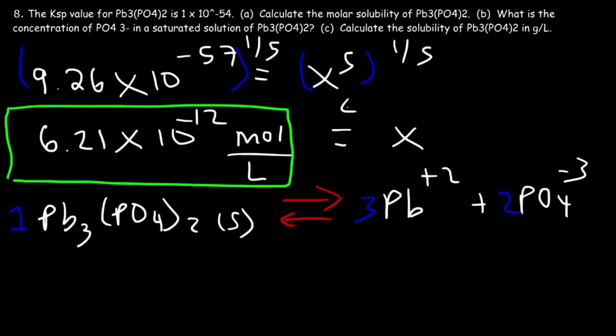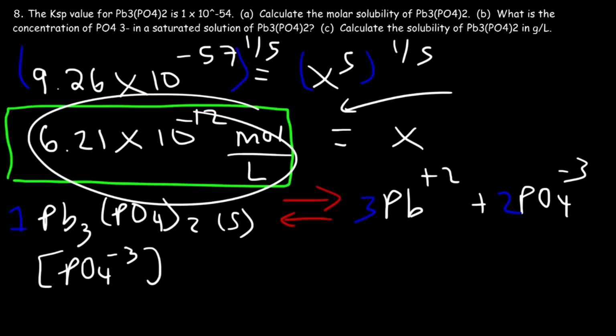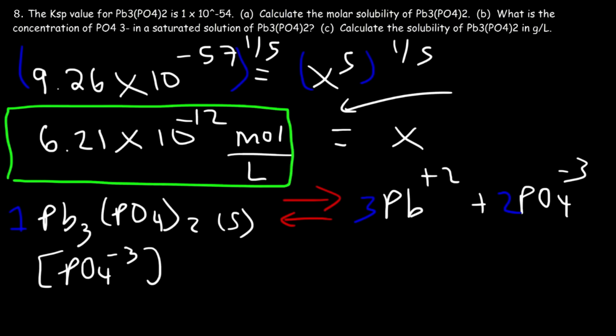So if this represents the solubility of this substance, then the concentration of phosphate is simply going to be this number multiplied by 2. So it's going to be 6.21 times 10 to the negative 12 times 2. And so the phosphate concentration is 1.242 times 10 to the negative 11.